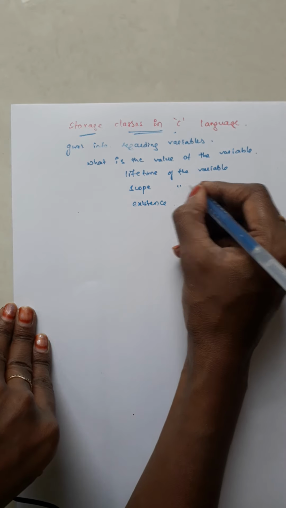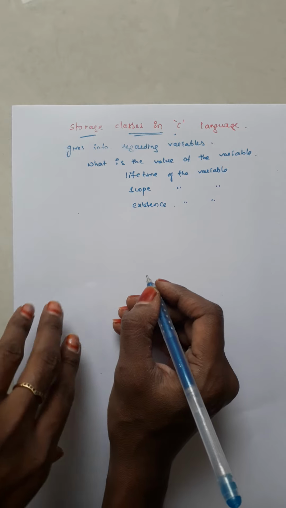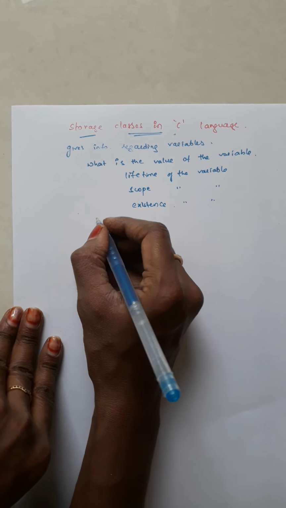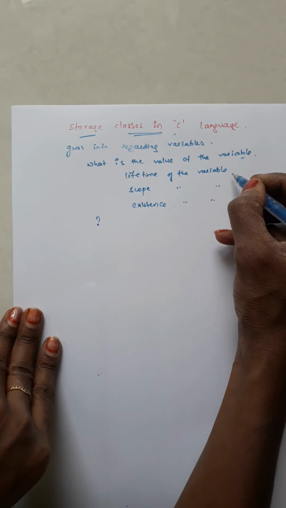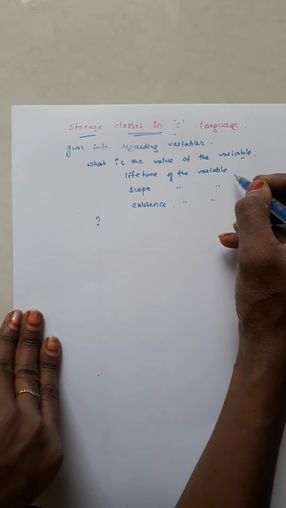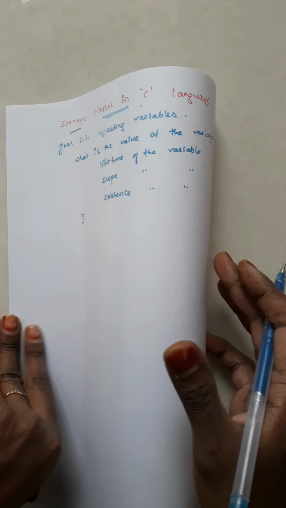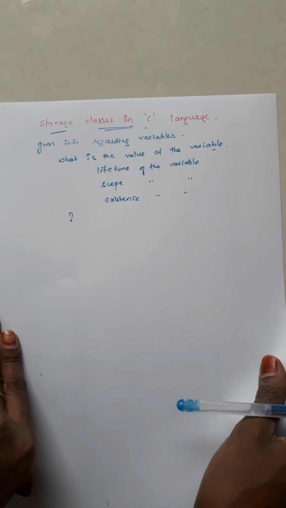So this is the information regarding a variable. It defines the storage class. So where the variable is declared, what its value is, and how long it will exist in the program or in a function defines the storage class of the variable.